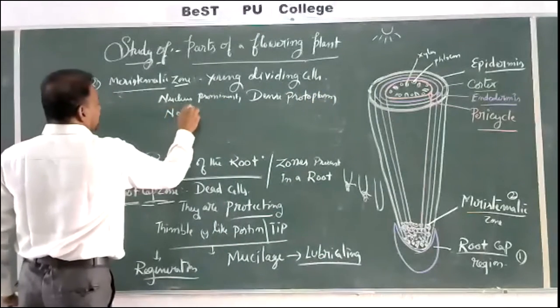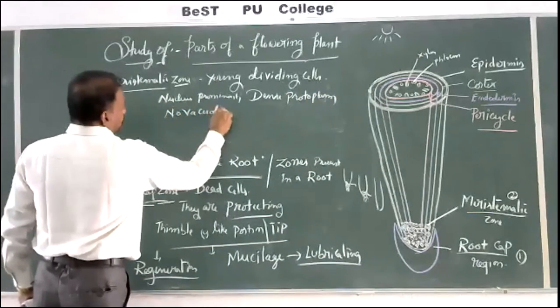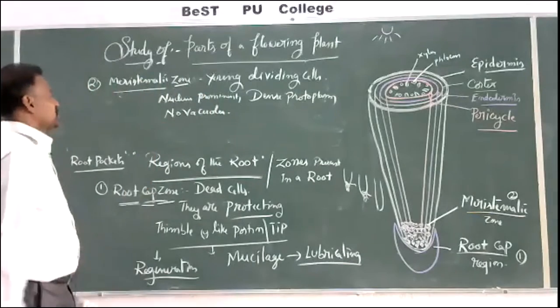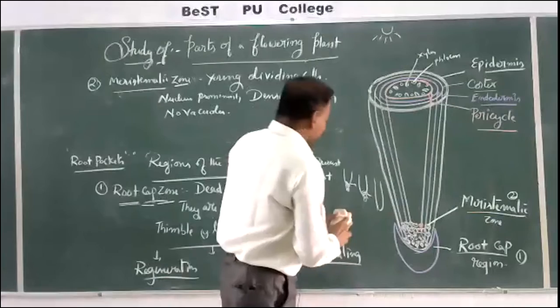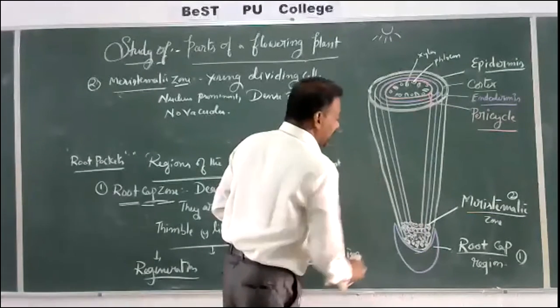No vacuoles. If they are present, they are very small. These are the characteristic features of this zone, which is called the meristematic zone, the dividing zone.